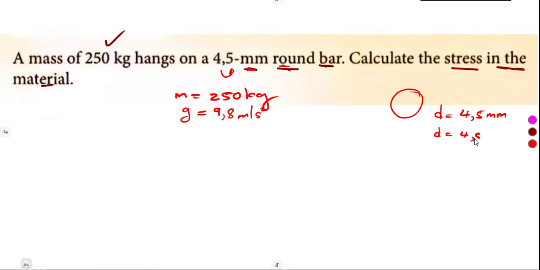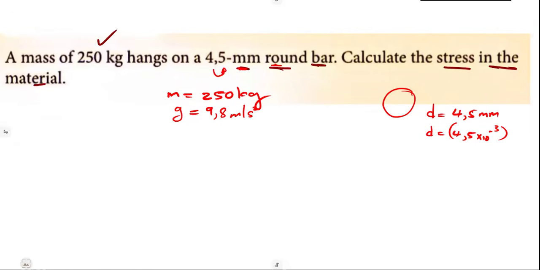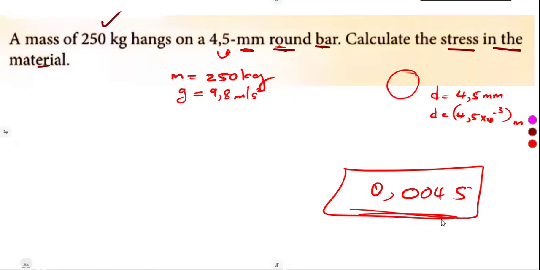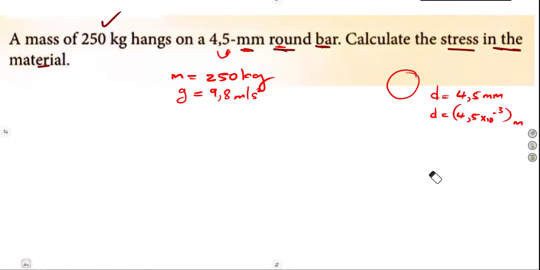Remember, it's going to be 4.5 times 10 to the exponent of -3 meters. As a decimal, it is something like 0.0045. Working with this decimal alone, guys, is too much. So we can avoid that and just work with the millimeters as they are. I want you to consider that part.